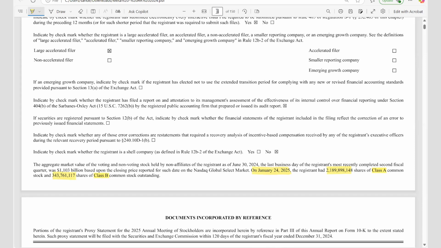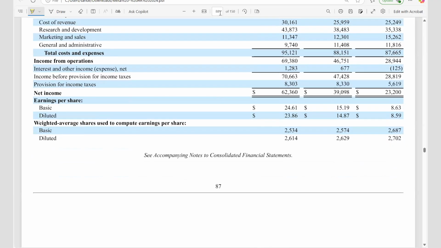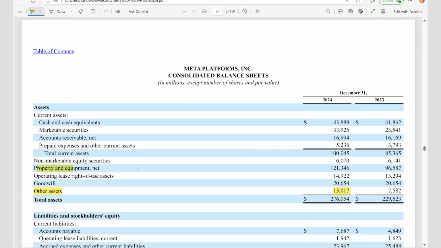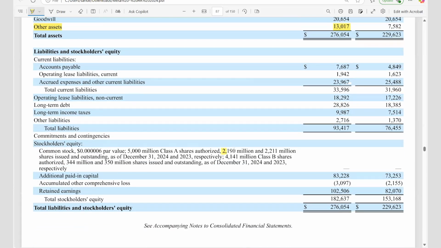Another place you can get shares outstanding is the balance sheet. So in the balance sheet on page 87, you have the shares outstanding as 2190 for class A and 344 for class B. If you read the full line from here till the end, you will get only these two numbers, which are relevant.